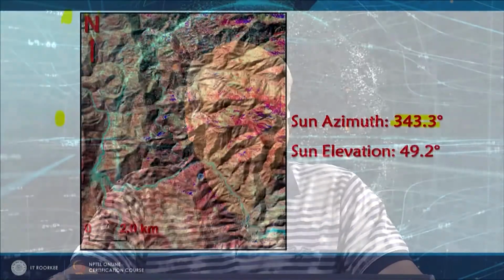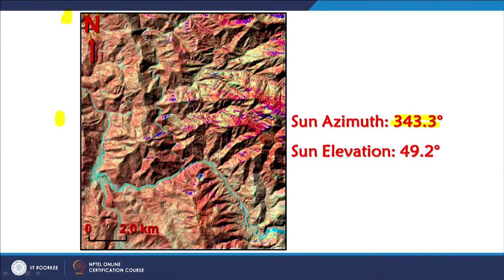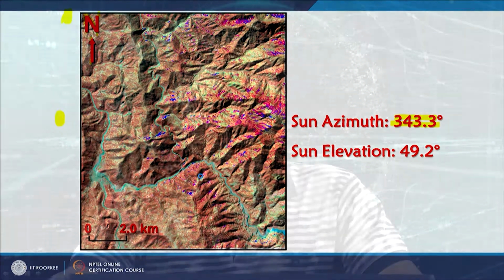If terrain is not so rugged, then this problem you might not observe. The other problem is that all the time you require a corresponding digital elevation model, of almost the same spatial resolution, and that may create problems, because now we are moving from relatively coarser spatial resolution images to very high spatial resolution images of 1 meter or 60 centimeter.